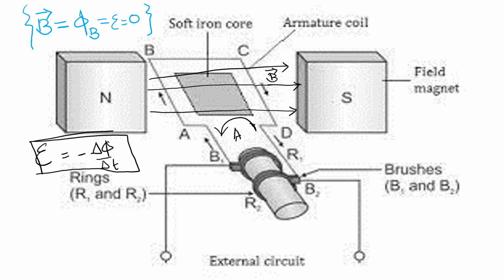So now the armature is rotating anti-clockwise. Please keep in mind that the magnetic field lines go from north pole to south pole like this. So according to the right hand rule, the current generated will be in the downward direction.